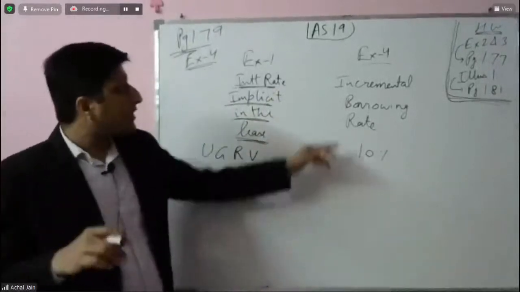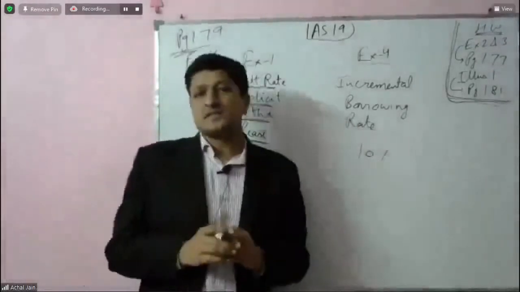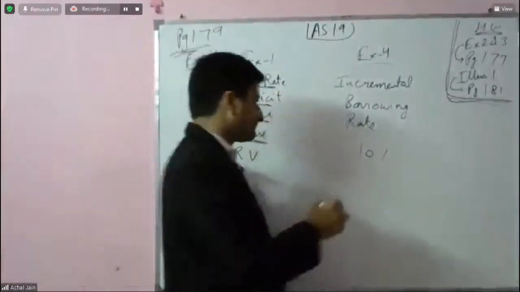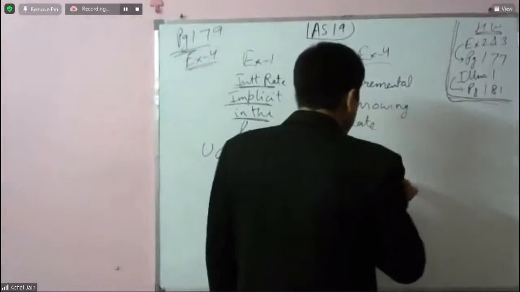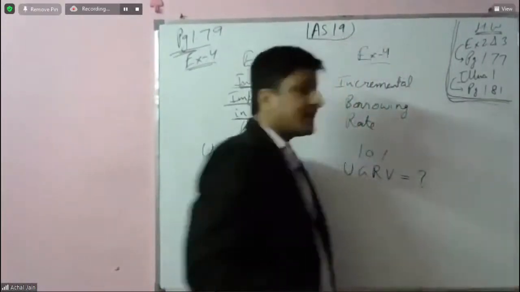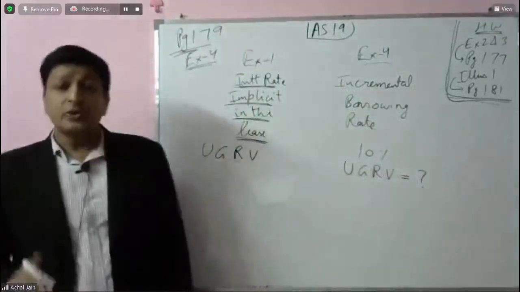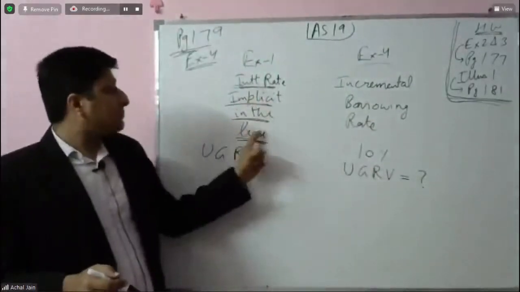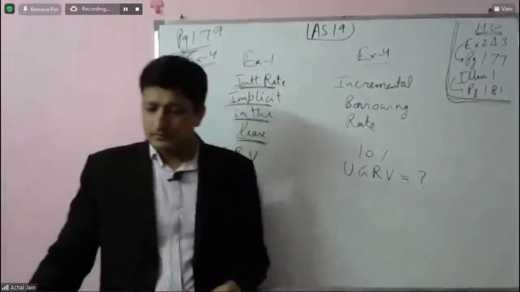So example number 4 is saying in case UGRV is missing, then you cannot compute the interest rate implicit in the lease.